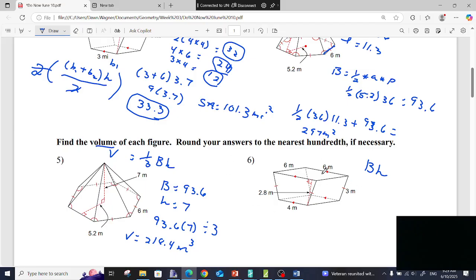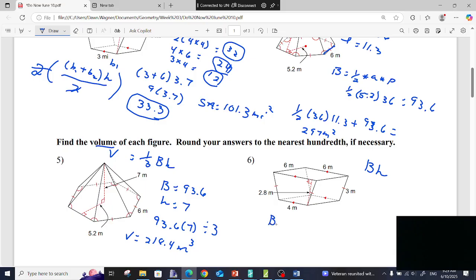So this is a prism, and it's going to be the area of the base times the height. Remember, with prisms, base is the 2 parallel sides. So the trapezoid is your base.